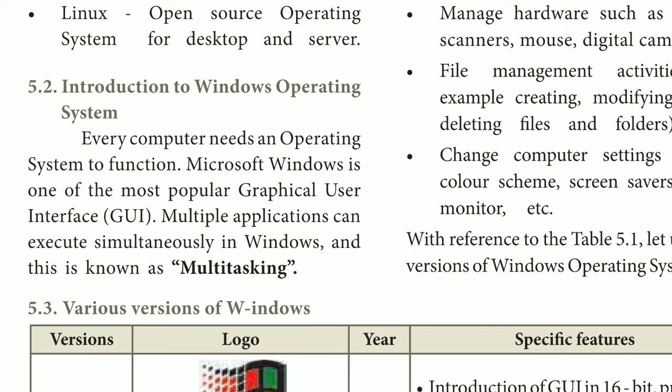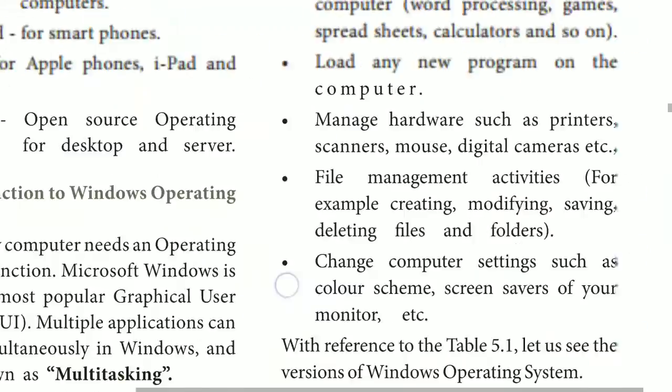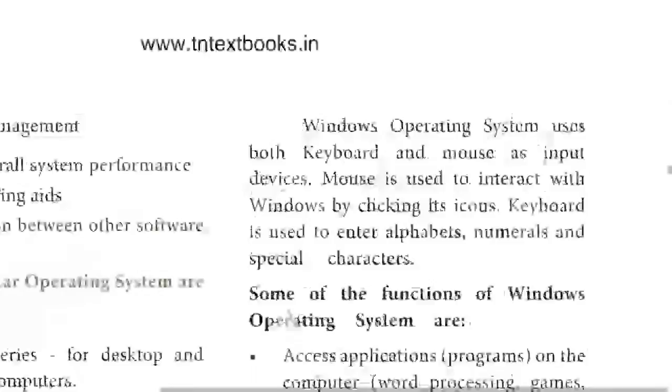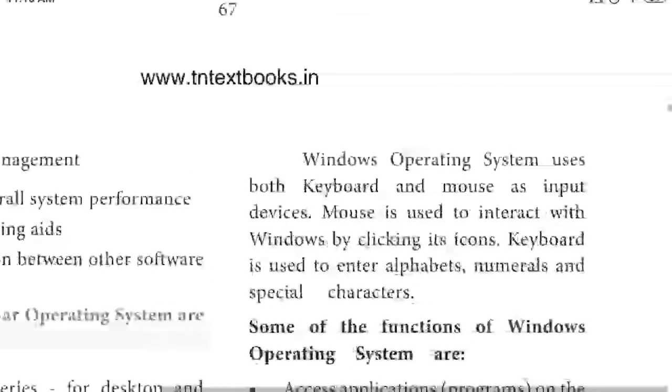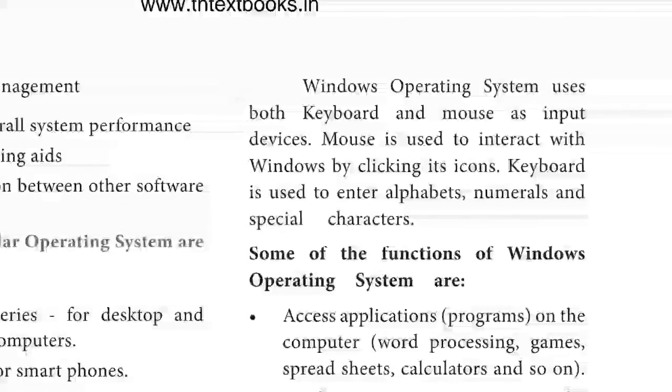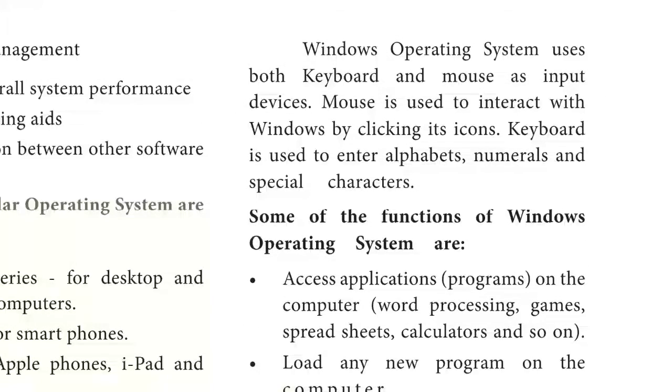This kind of working with multiple softwares simultaneously is known as multitasking. Windows operating system supports this kind of multiple tasks, opening multiple tasks at the same time and working with them.